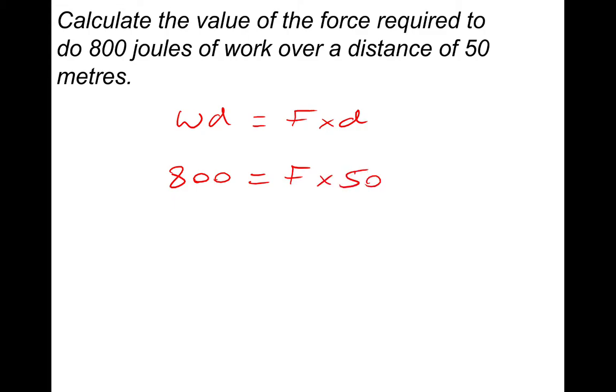Then remember, we've got to make F the subject, pretend you're in a maths lesson, and we've got to get rid of the times 50. The opposite of timesing by 50, to get it to the other side, is dividing by 50. So 800 divided by 50 gives us a force of 16 newtons. Hopefully that's okay. Let's do some more.